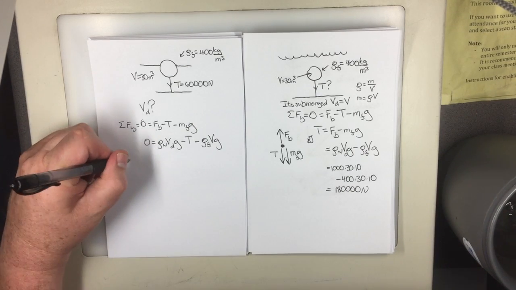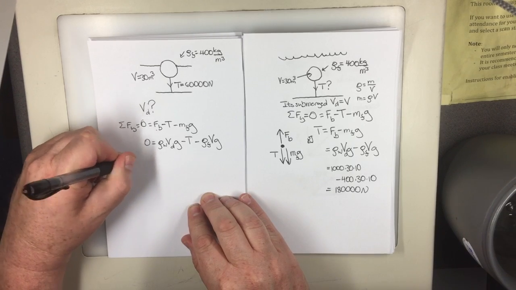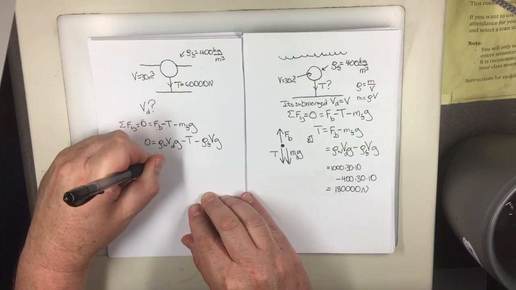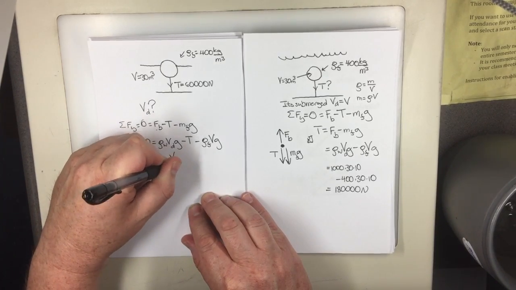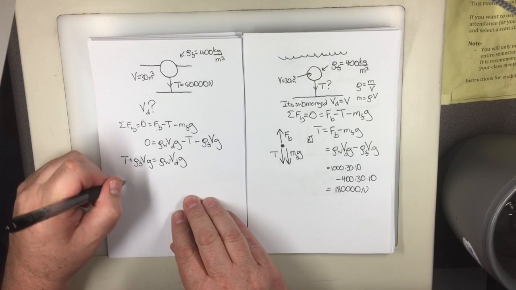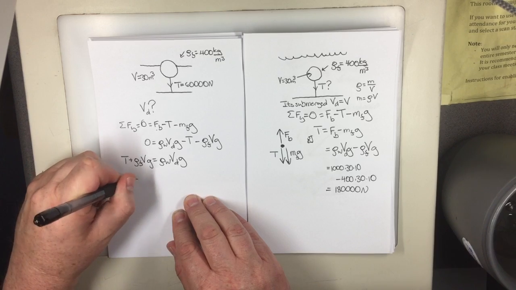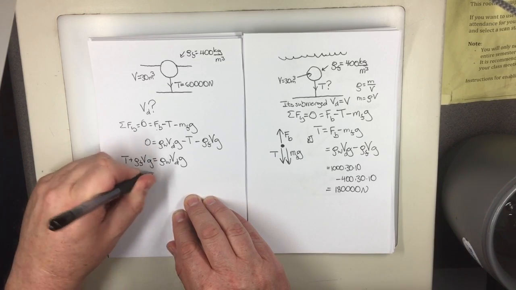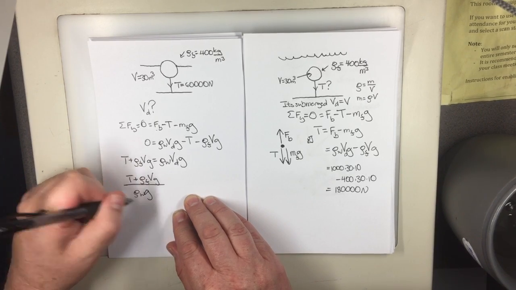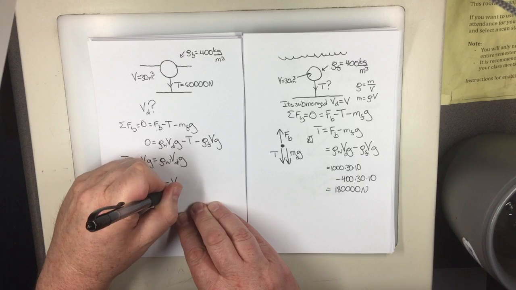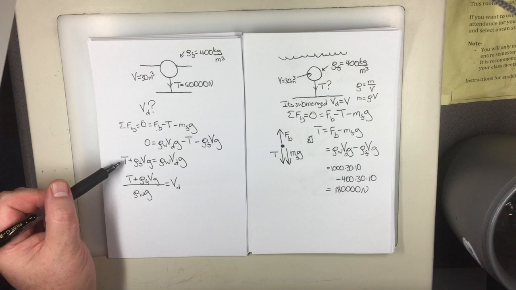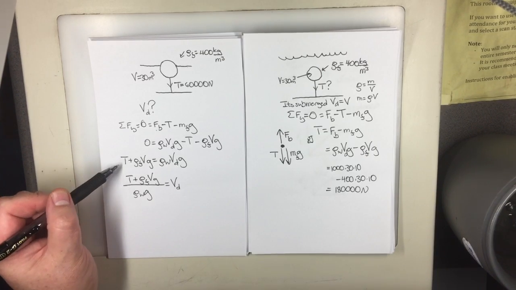Now I look for volume of displacement. T plus rho F V g is equal to rho W V D g. Divide both sides by rho W g. That equals V D. Now, had this tension term had a factor of g in it, we could just cancel, cancel, cancel.